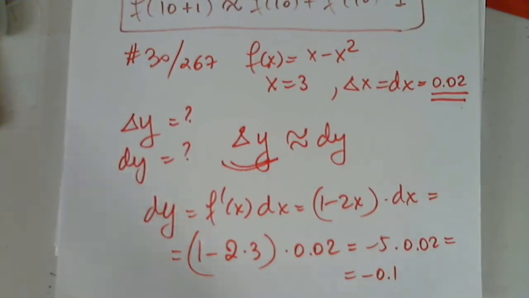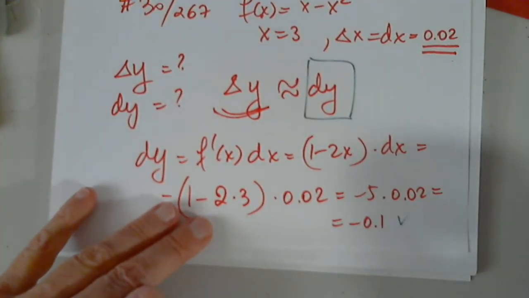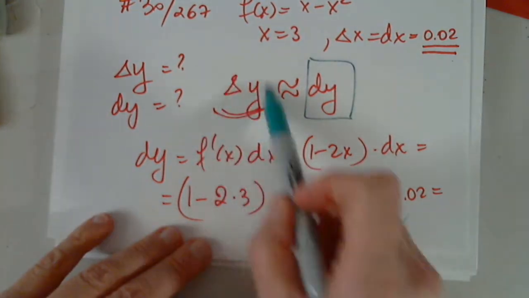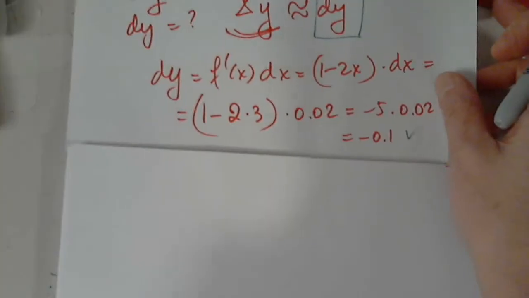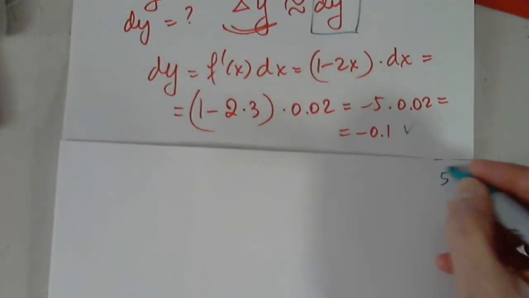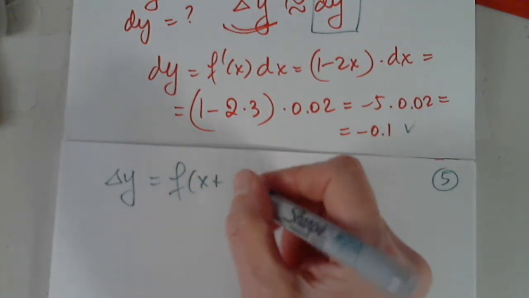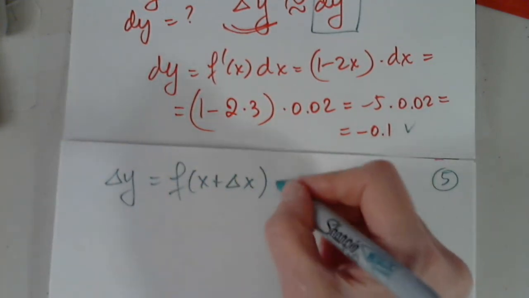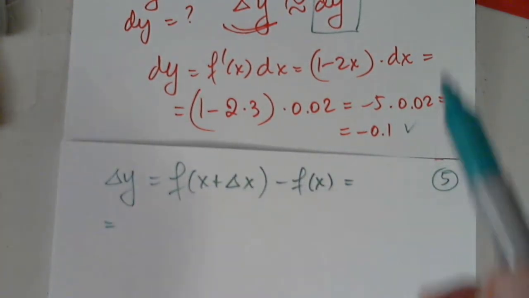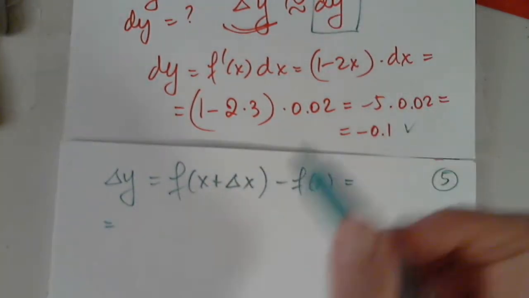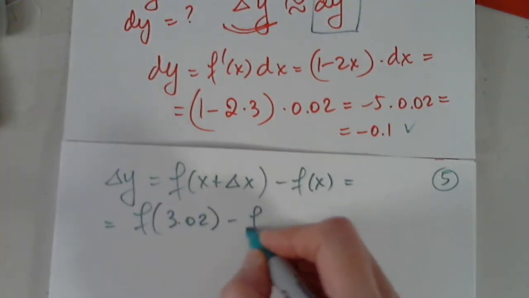Okay, so dy is calculated already. Now let's calculate the delta y. So the delta y is f of x plus delta x minus f of x. Okay, x plus delta x is 3 plus 0.02. So I have f of 3.02 minus f of 3.